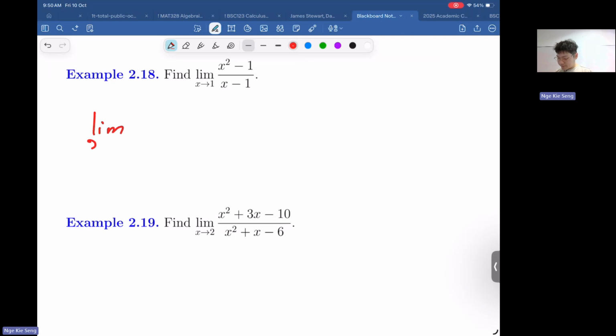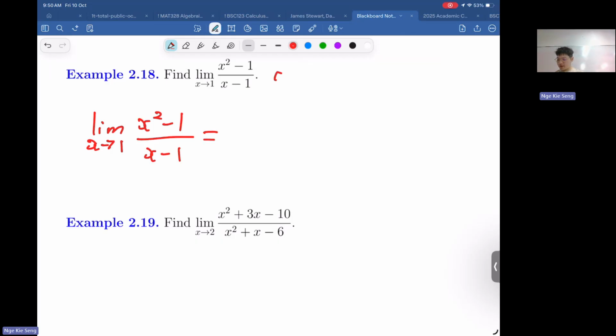In this case here, you'll see that if you use the limit law, you get something like 0 over 0, which is not good. So we will try to modify our function first. How to modify here?